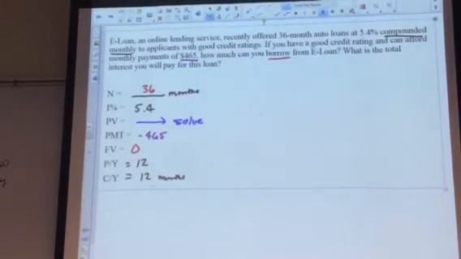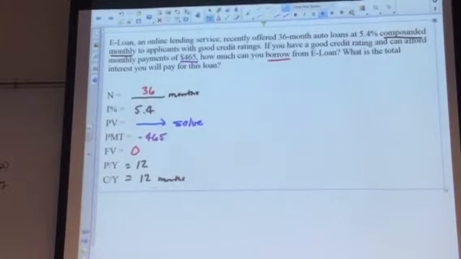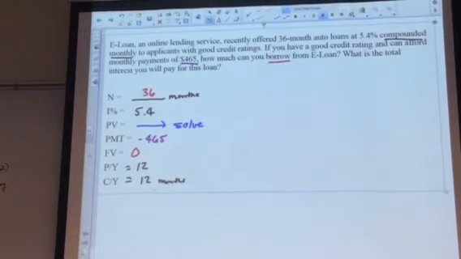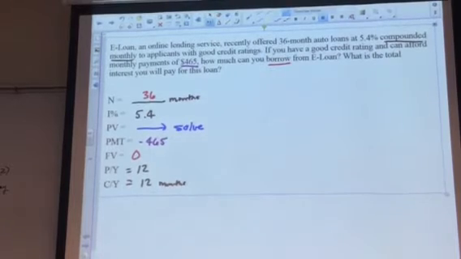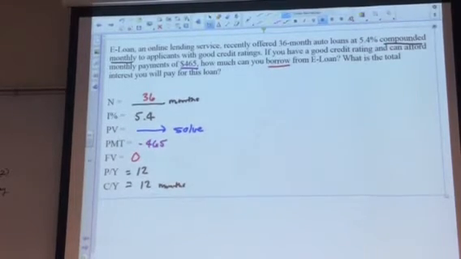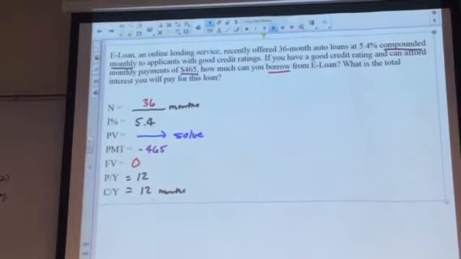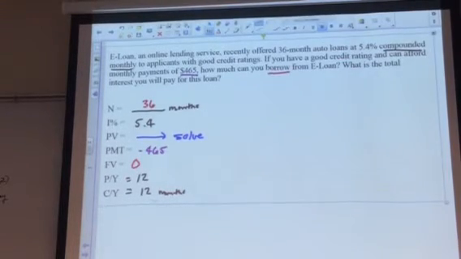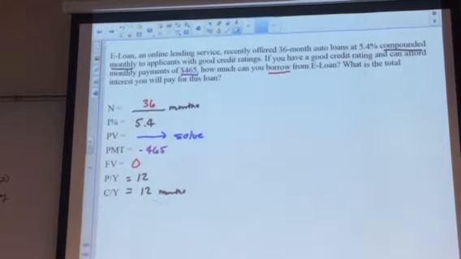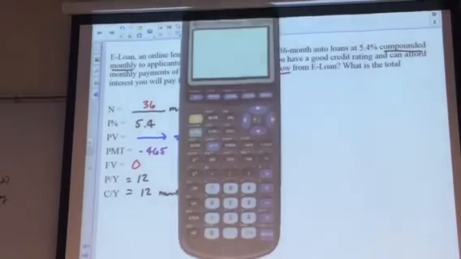That's the amount of money we go to the bank and say, I need to borrow this. Or actually, we might go to the bank and say, I would like to borrow this. And they say, no, your credit says this is what you're going to get to borrow because this is all you can afford to pay. So all the information is identified for the first part of the problem. There we go. And now we're ready to go to the TVM solver.